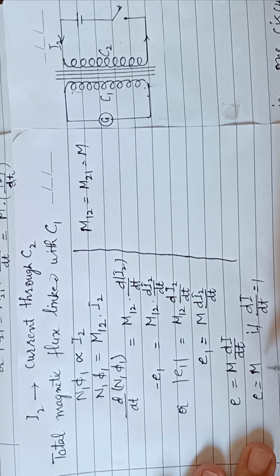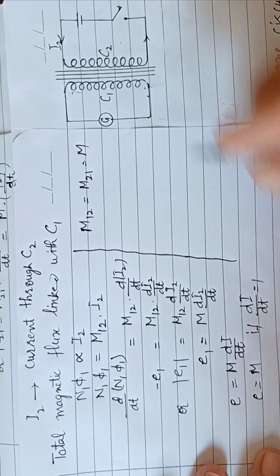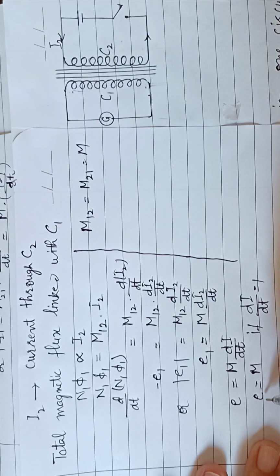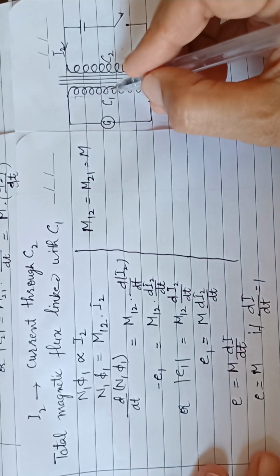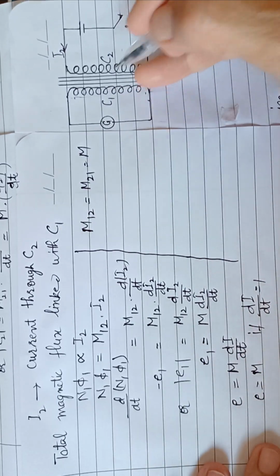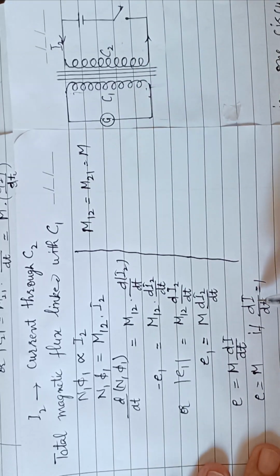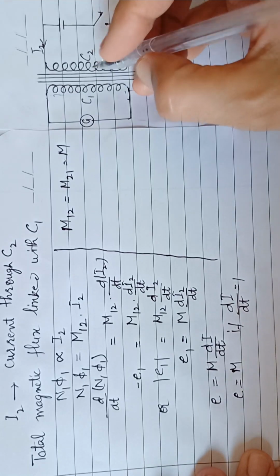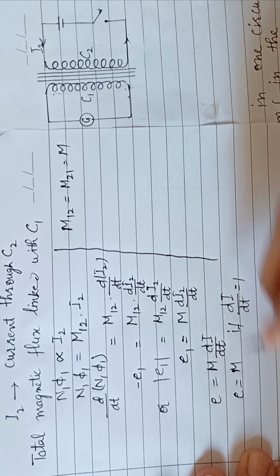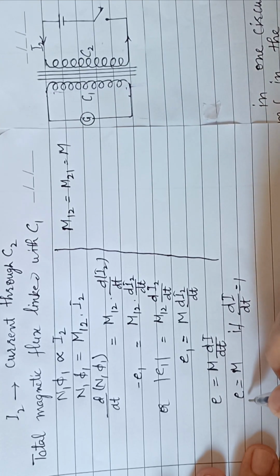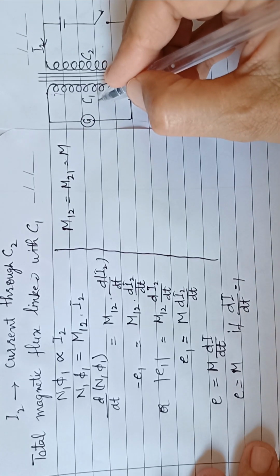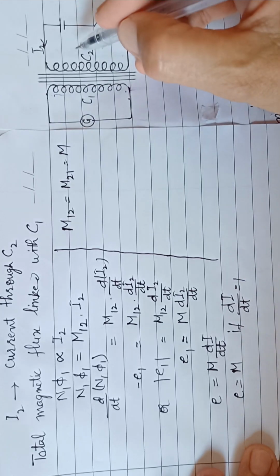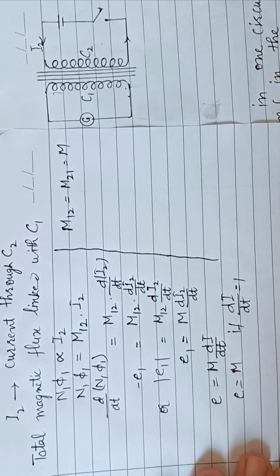So mutual inductance or coefficient of mutual induction of two circuits is equal to the induced EMF developed in one circuit due to unit rate of change of current through the neighboring circuit. Or we can say mutual inductance of two coils is numerically equal to EMF induced in one coil due to unit rate of change of current through the other, neighboring coil.